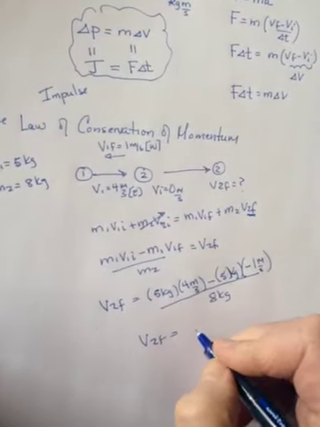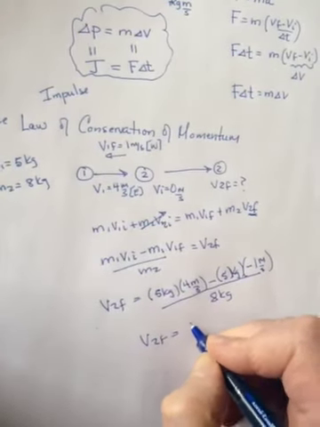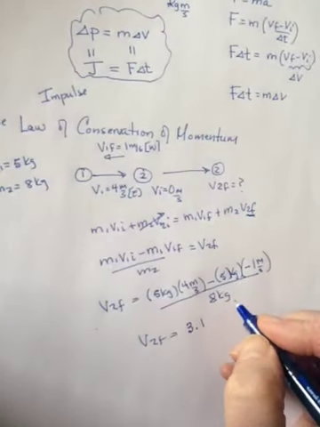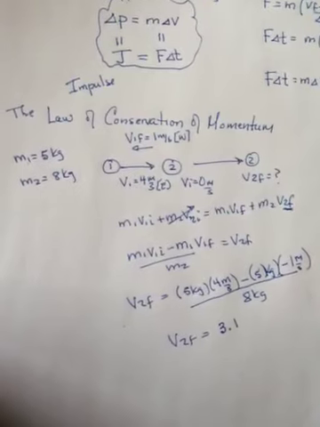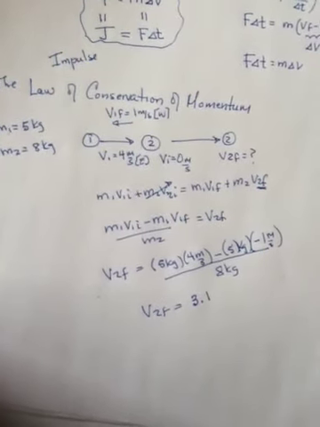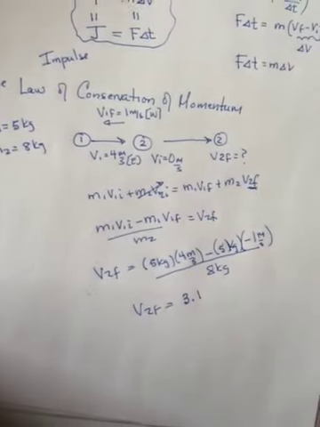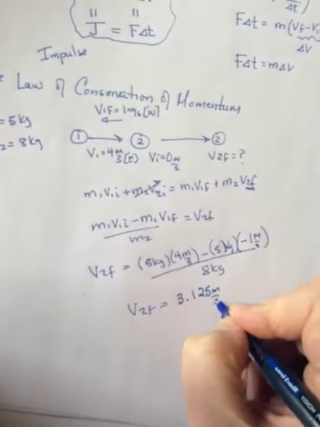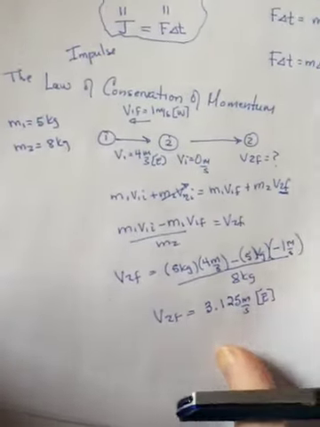So 25 over 8. I could just do it on my calculator. No, just 25, not 625, 25 meters per second, and it worked out to be positive, so it would be east.